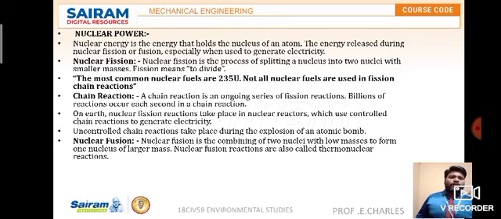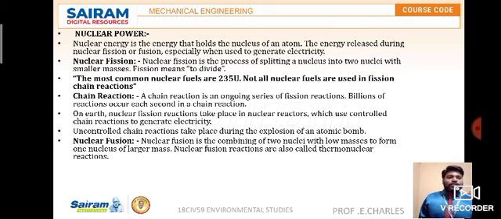The most common nuclear fuel is uranium 235. Not all nuclear fuels are used in fission chain reactions. The next one is nuclear fusion. There is a combination of atoms. When they combine with each other, they produce radiation or light. That is nothing but fusion. Nuclear fusion is the combining of two nuclei with low masses to form one nucleus of larger mass.